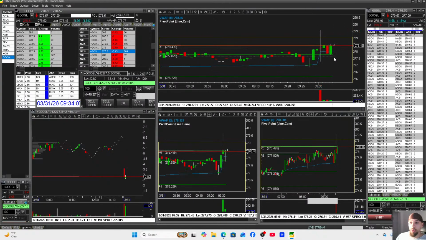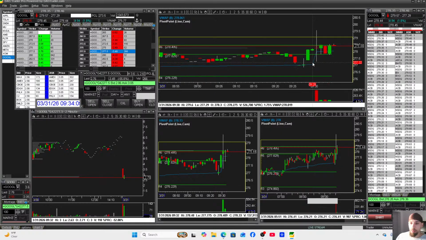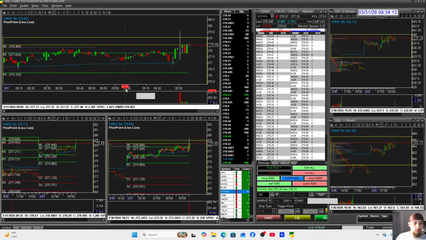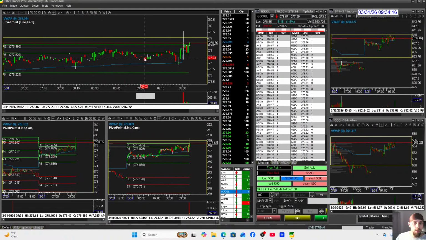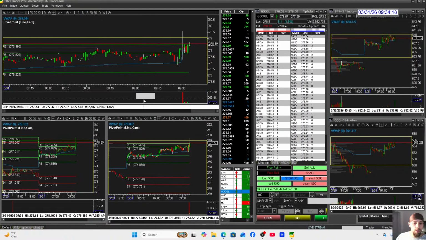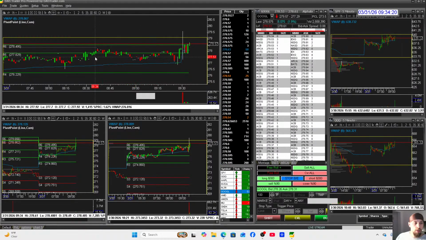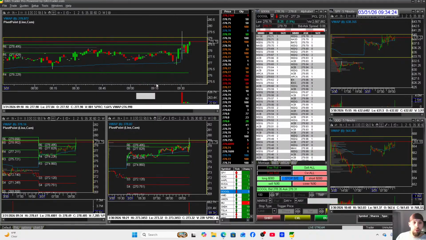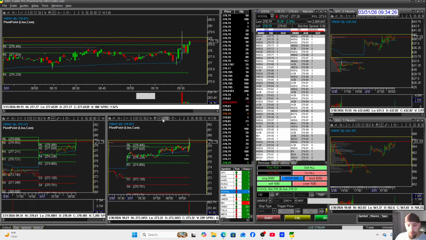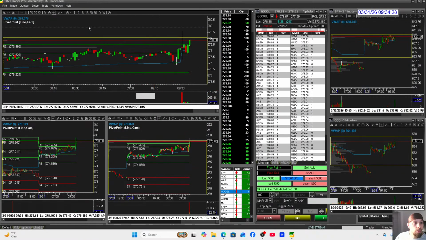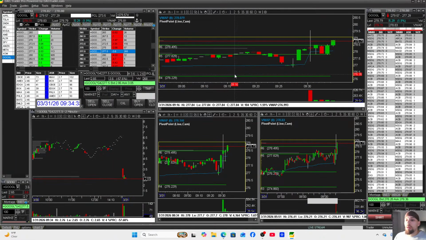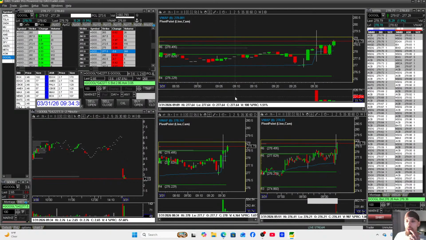We got rid of our RSI when I added the chart thing, so let's just watch the price action here.